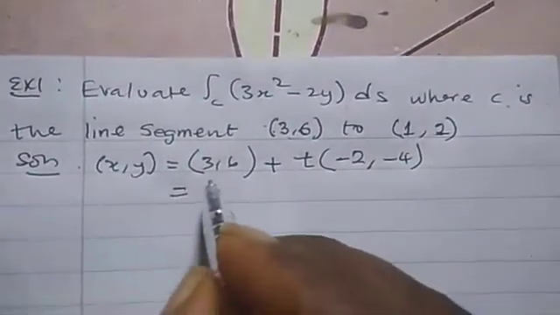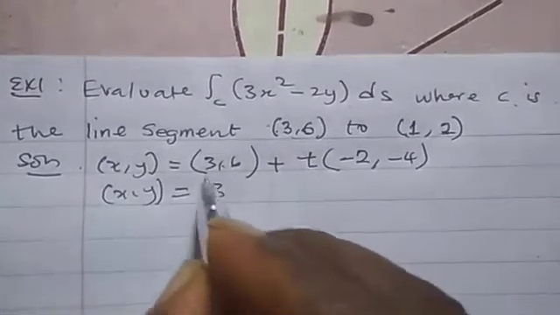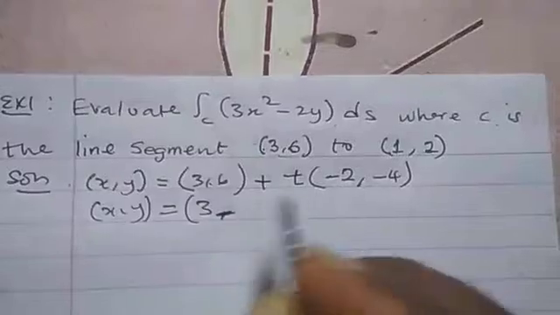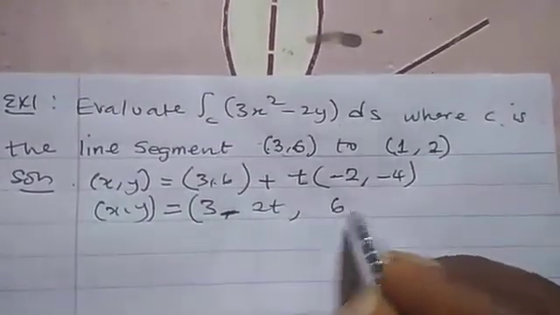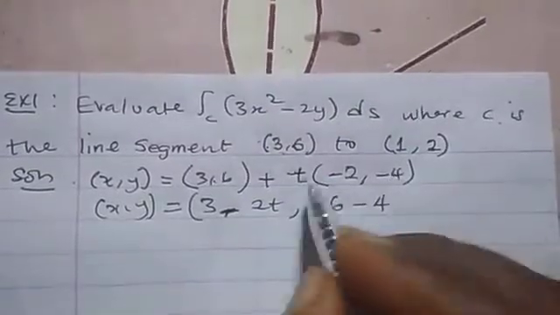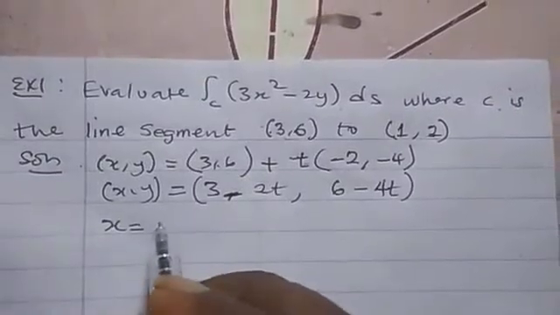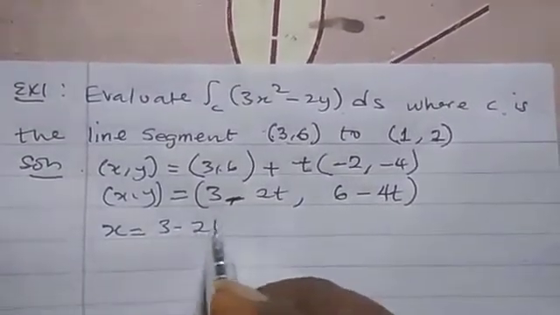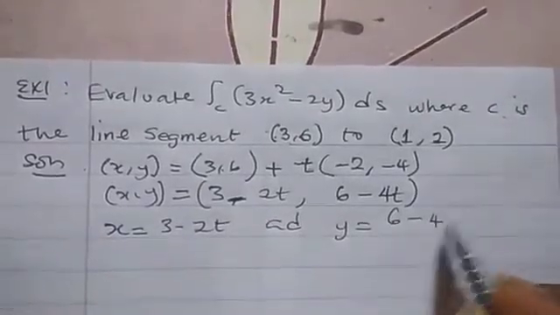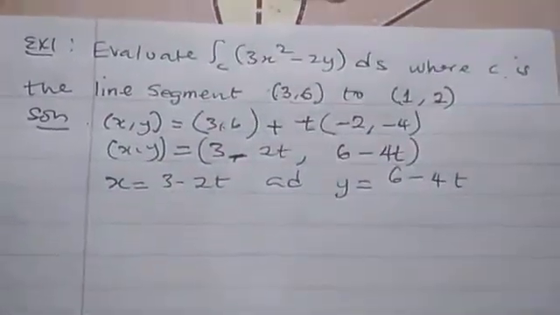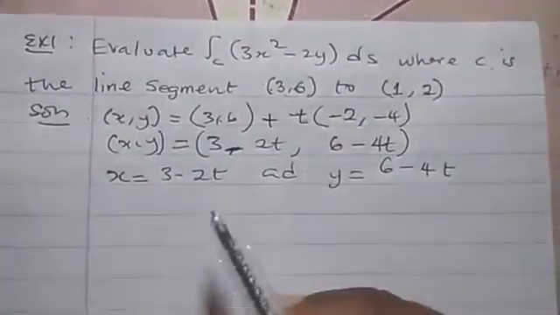And this will now give me x comma y will give me 3 minus, if you expand the first one, that is minus 2t. The second one, 6 minus 4t. So from that place, we have been able to find our x to be 3 minus 2t and our y to be 6 minus 4t. Sometimes this x and y would have been given already, but in this case, it's not given.